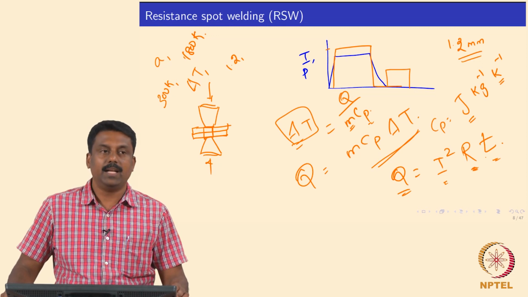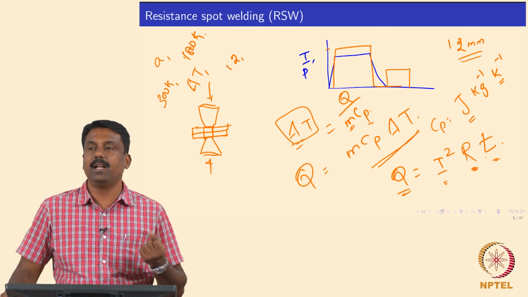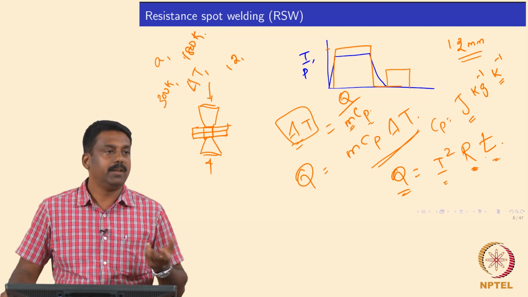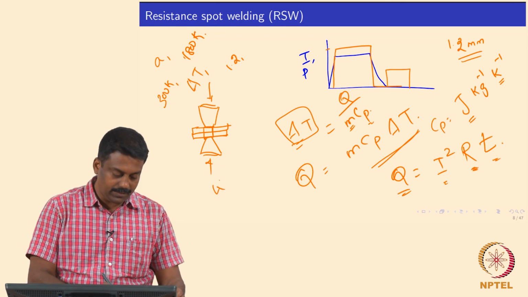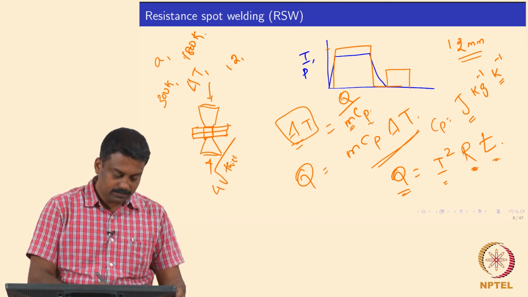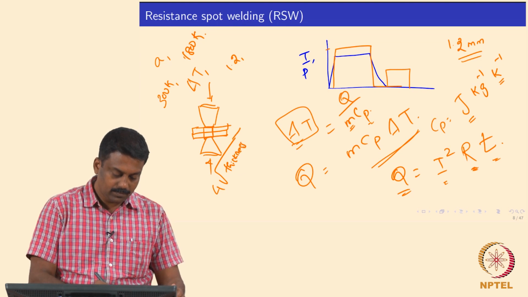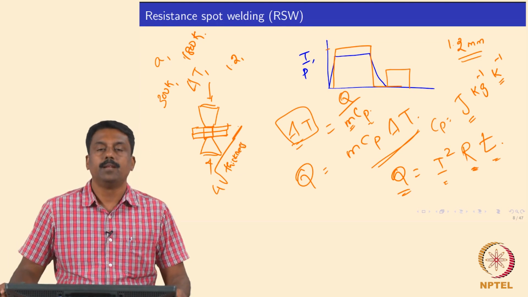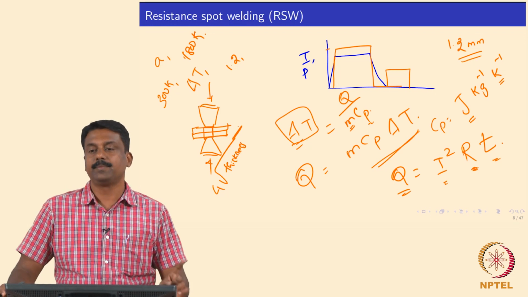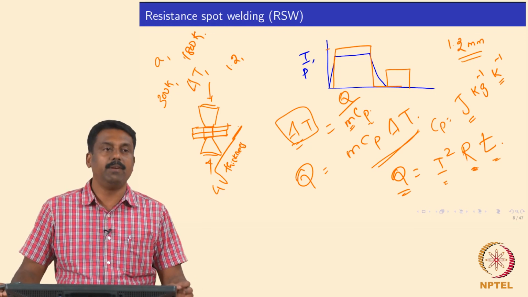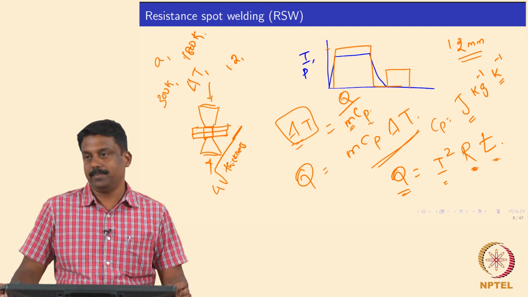As a thumb rule, the typical weld nugget diameter is always 4 times the square root of thickness. So, if your thickness is 1 mm, the acceptable weld nugget diameter is 4 mm.